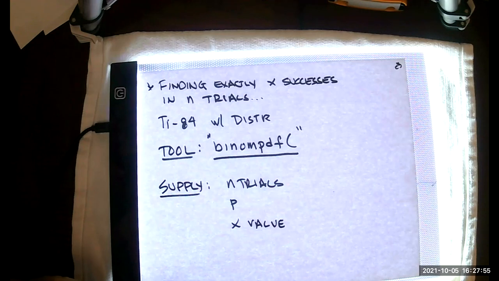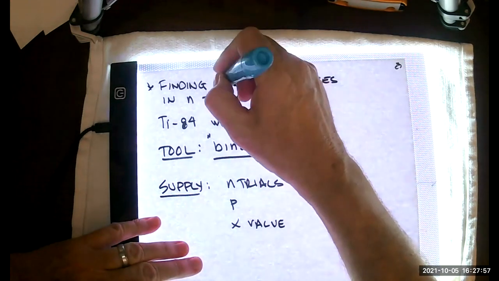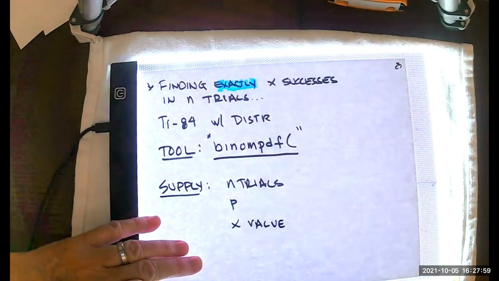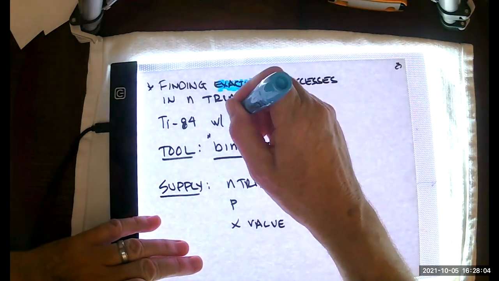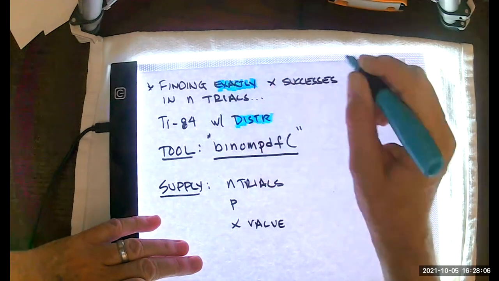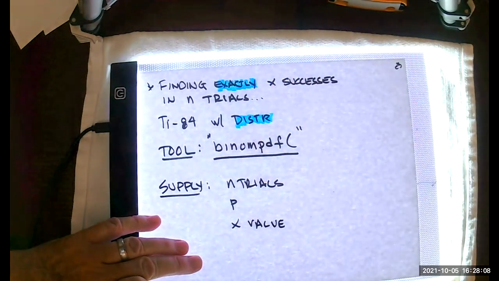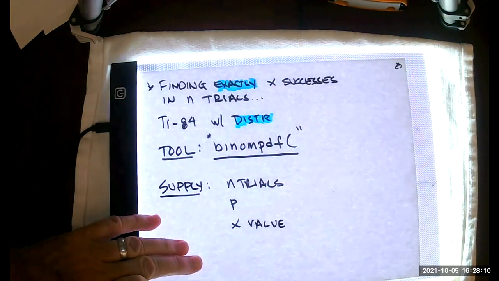So when we're working with a binomial distribution and we're finding exactly X successes in N trials, I use a special key called distribution, which is abbreviated DISTR. No, it doesn't stand for disturbed, distribution.